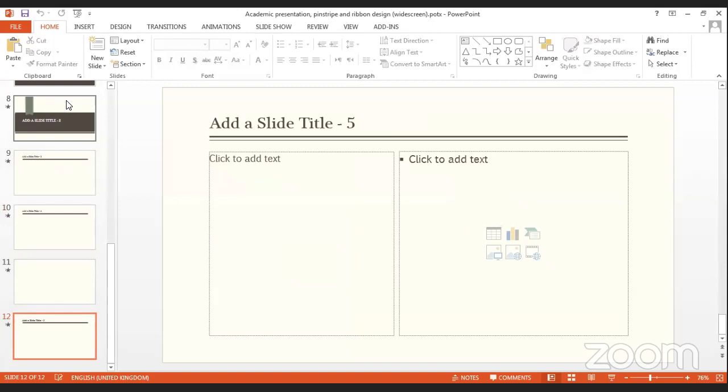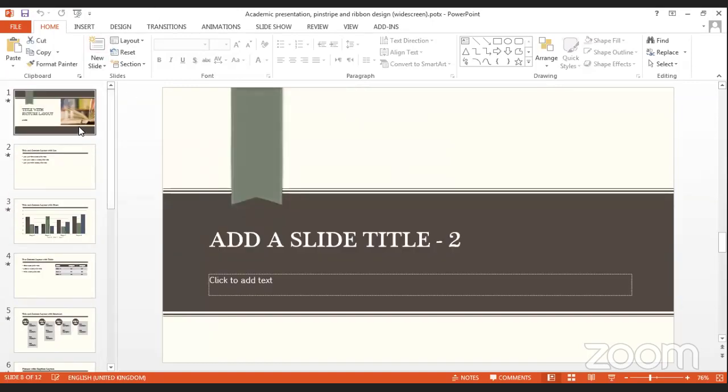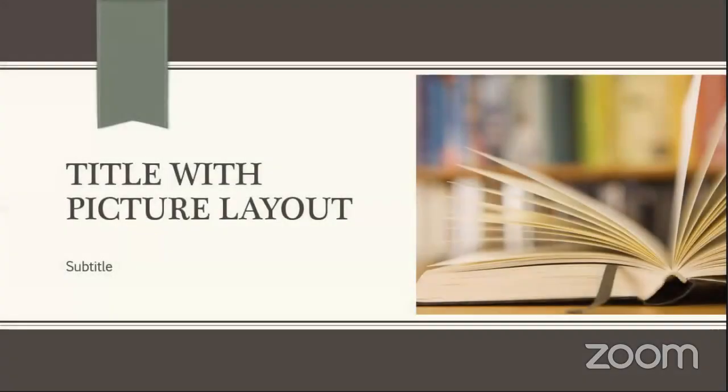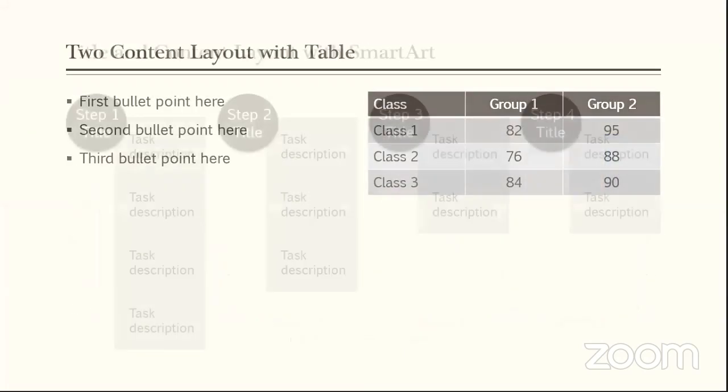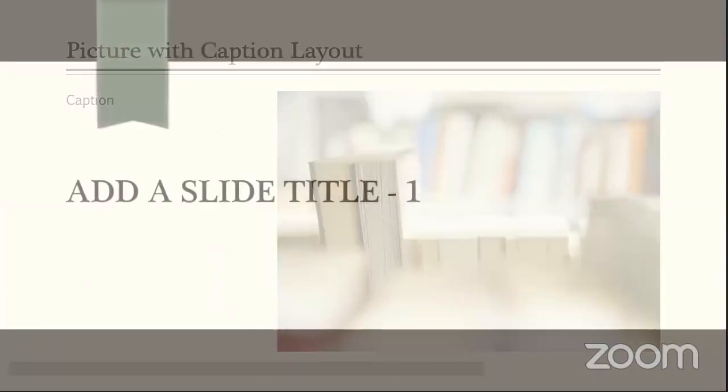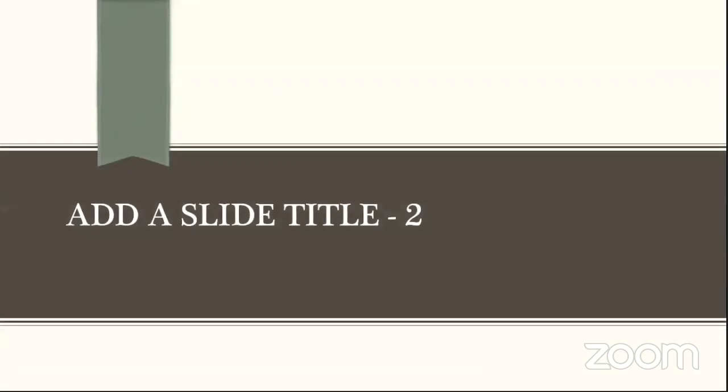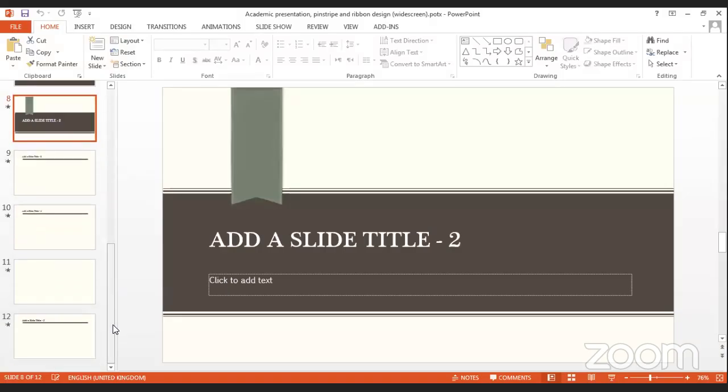We may use this template with all its colors and everything. And even here, it has animations and transitions. You can see the transitions which are embedded here. So we can make our own template.